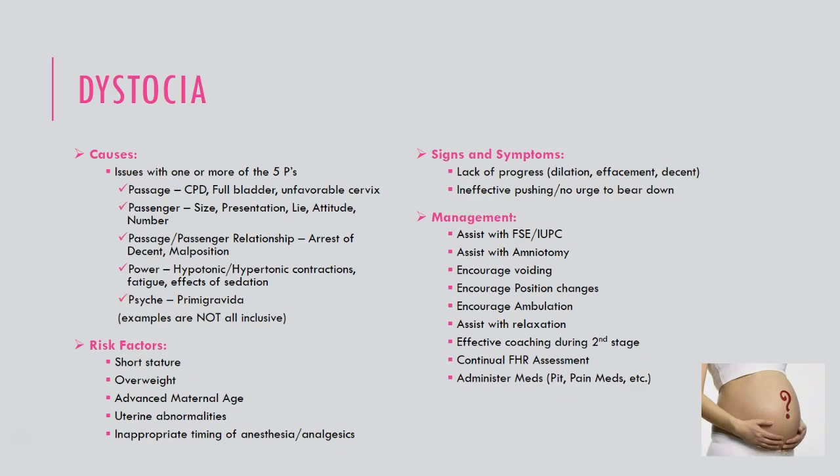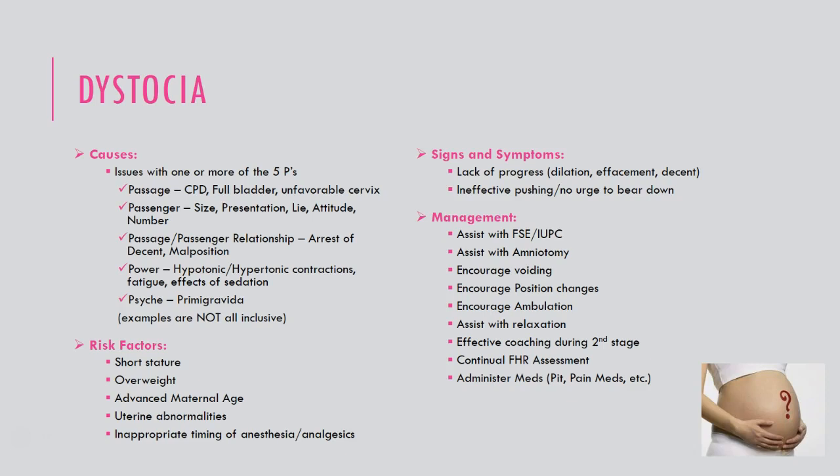Risk factors for dystocia are individuals who are short, overweight, of advanced maternal age, who have uterine abnormalities, or inappropriate timing of anesthesia and pain meds by the nurse. That's another reason why it's very important for you to time your interventions when it comes to pain control, because you can actually cause, as a nurse, dystocia to occur in your patient.